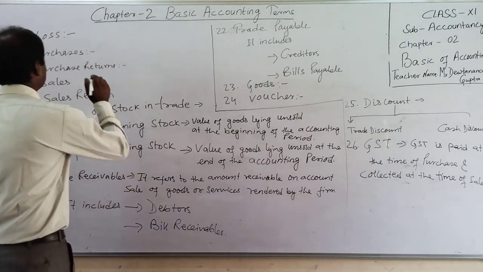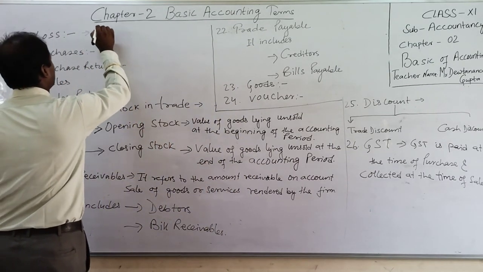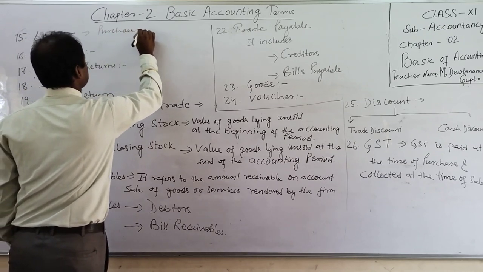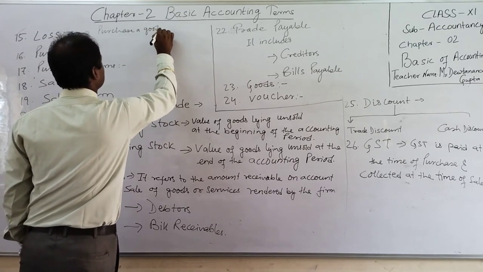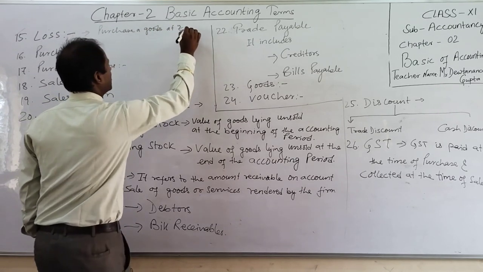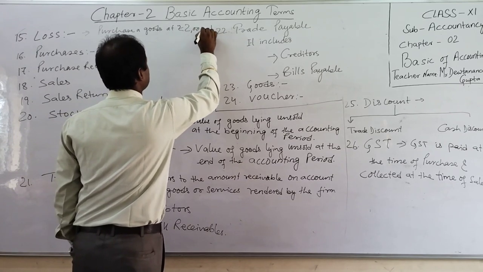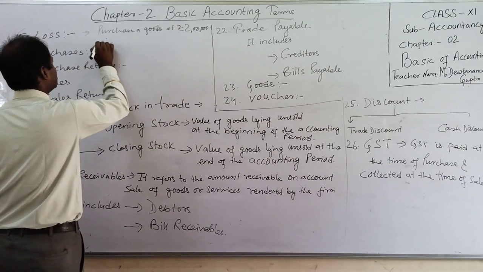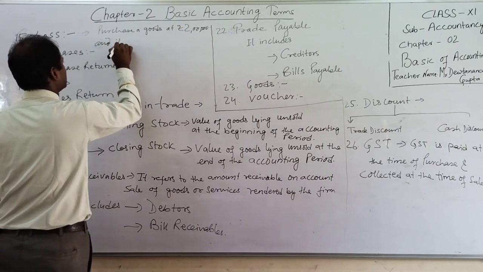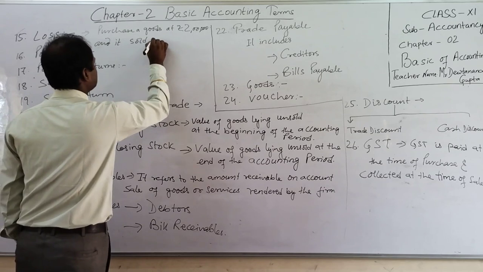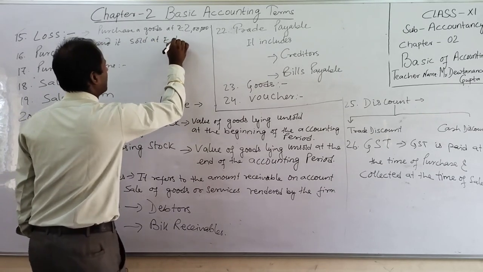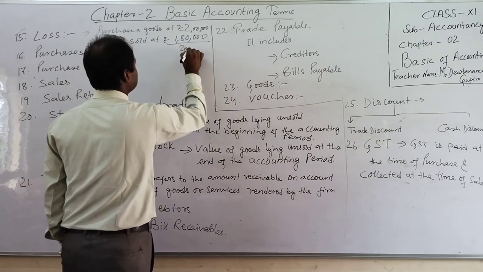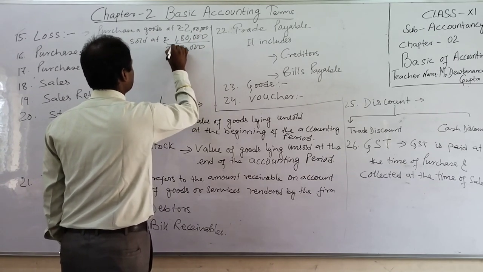Suppose, for example, we purchase goods at rupees 2 lakh and sell them at rupees 1,80,000. The difference between the two is 20,000, that indicates loss.